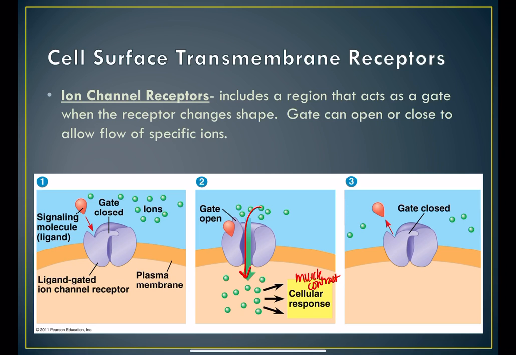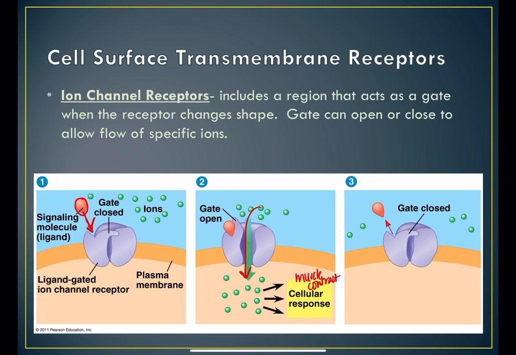So this gate cannot stay open all the time. That would be bad. And so we have to have a signaling molecule that causes these gated ion channels to open and close. This is another example of a signal transduction pathway. So we have our signaling molecule that will bind.